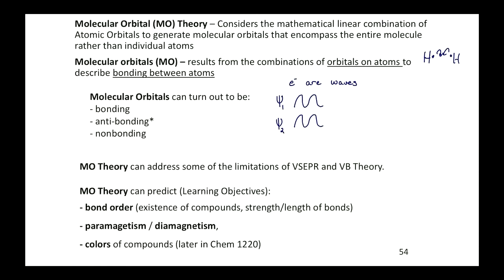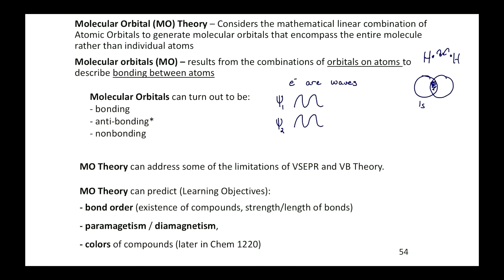Then in valence bond theory, we got a little more sophisticated and said those unpaired electrons on each of those hydrogen atoms exist in orbitals, specifically 1s orbitals. You bring them close together and they overlap in space. That overlap is a covalent bond, specifically a sigma bond. That's valence bond theory.